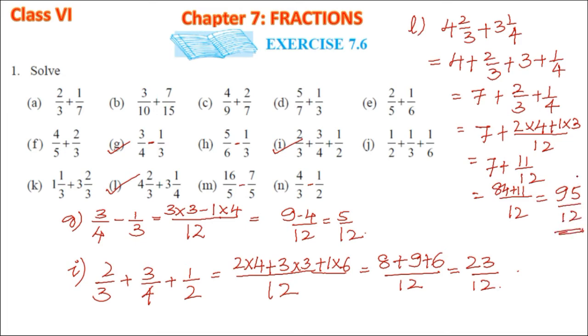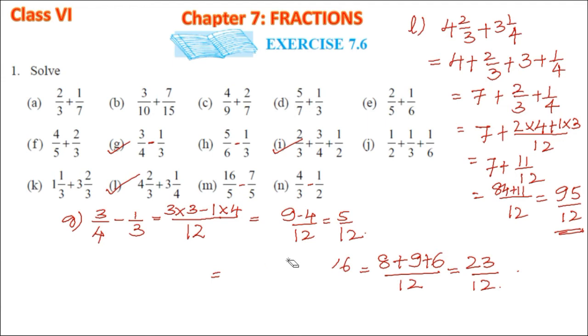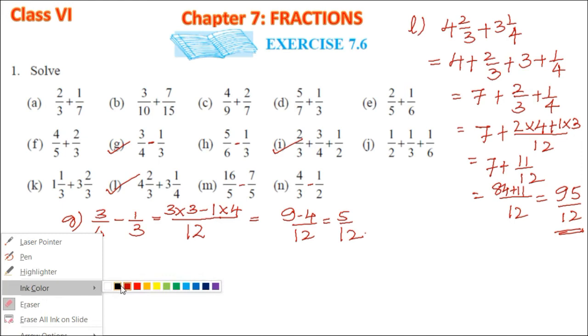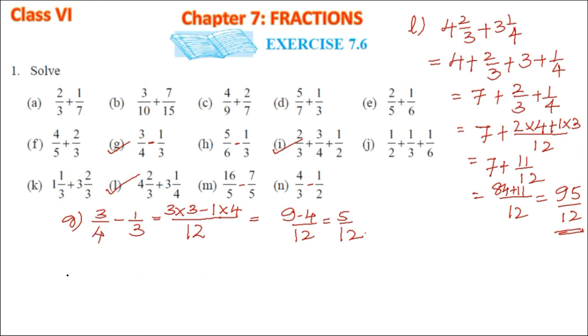This is one method. Another method could be to express these two as improper fractions. If you express 4 2 by 3 as an improper fraction, what will that be? It will be 4 3s are 12 plus 2, 14 by 3, plus 13 by 4.